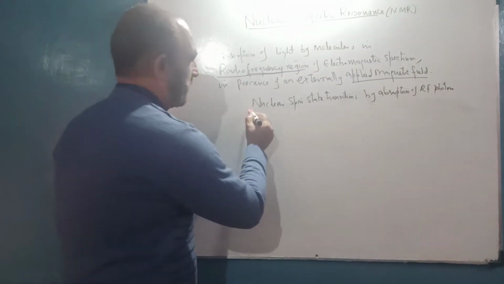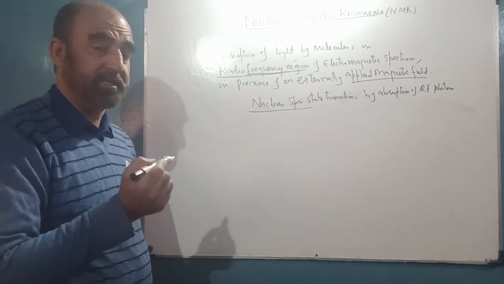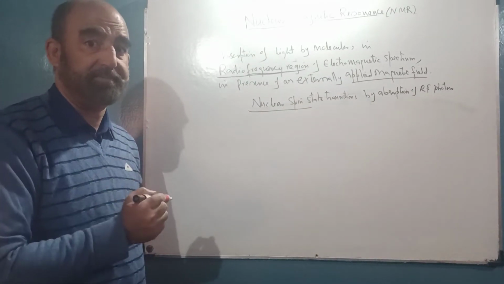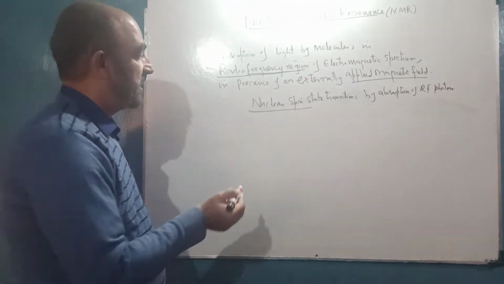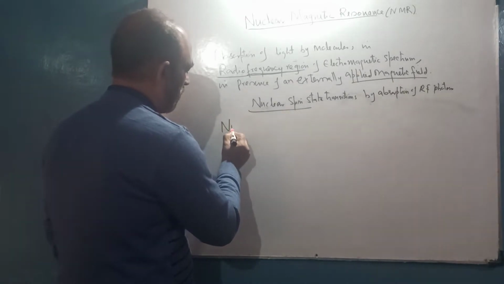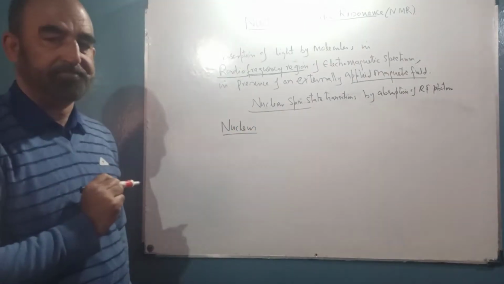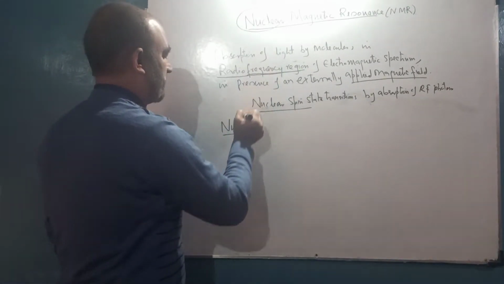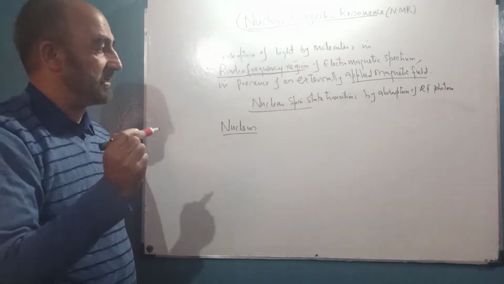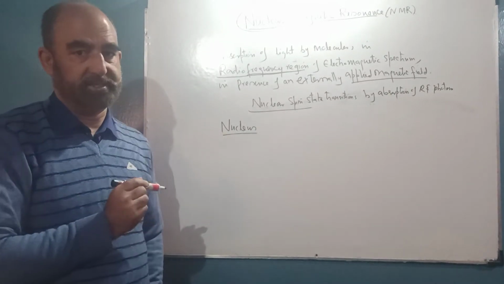Now again we are talking about nuclear spin. That means this nuclear magnetic resonance spectroscopy has a special importance with respect to the nuclei of various elements. That is why we call it nuclear. This name is because it pertains to the spin state transitions of the nuclei of certain elements.